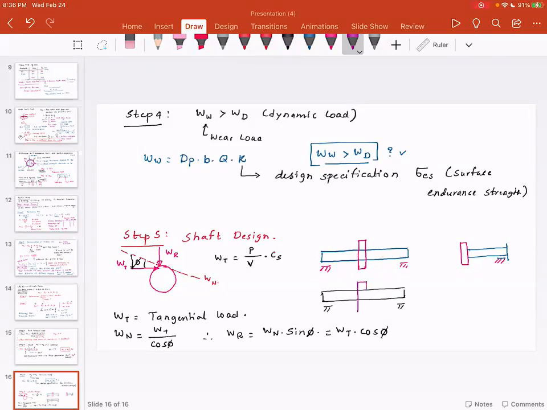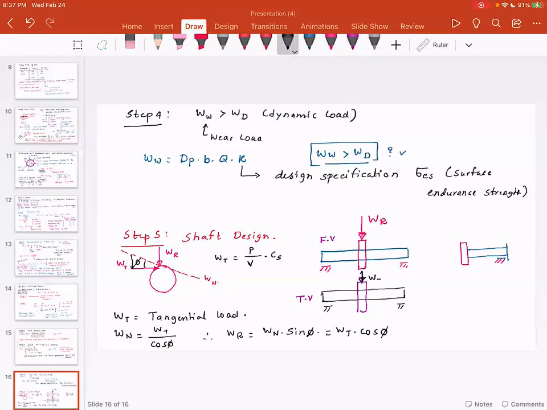So this is the front view and this is the top view. When I look at the front view, I see the radial load, WR. And when I look at the top view, I see the tangential load, WT.